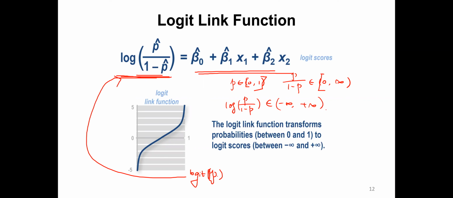You transform P this way. So you transform the probability between 0 and 1 to a Logit score between minus infinity and infinity. So this is the basic formula of the fundamental difference between linear regression and logistic regression. Logistic regression uses a Logit link function, that is log odds.